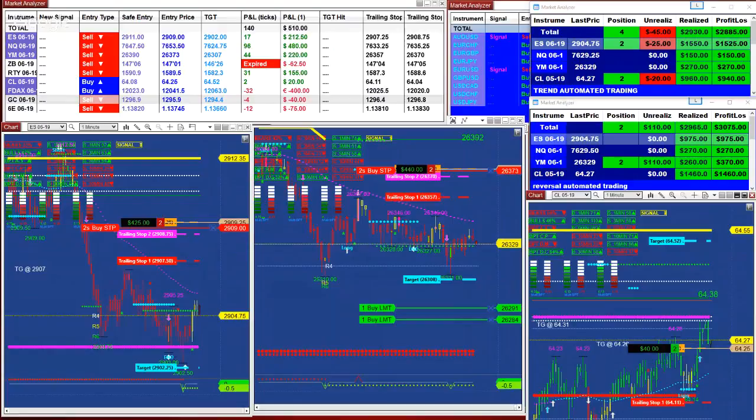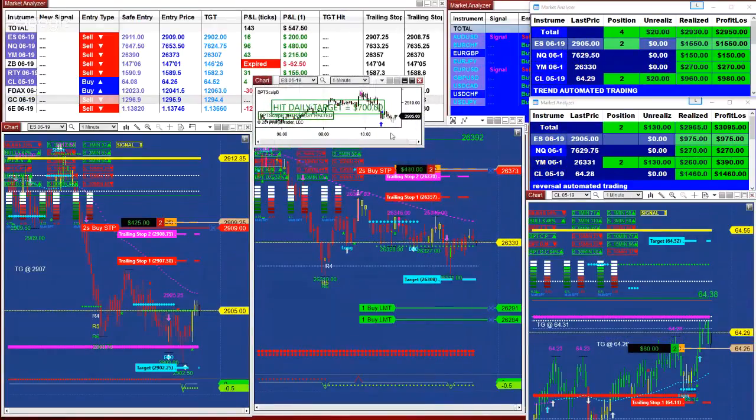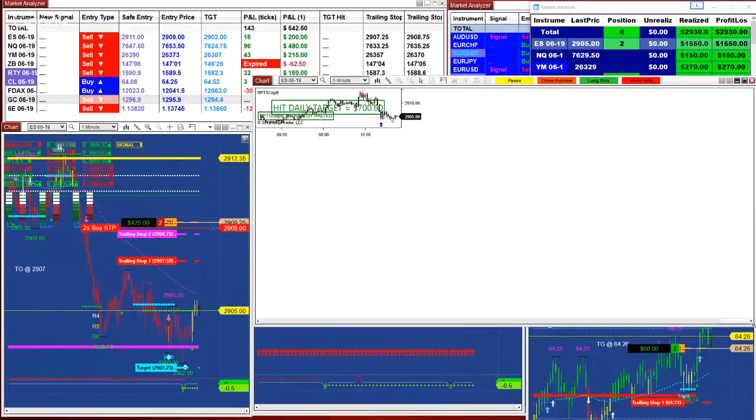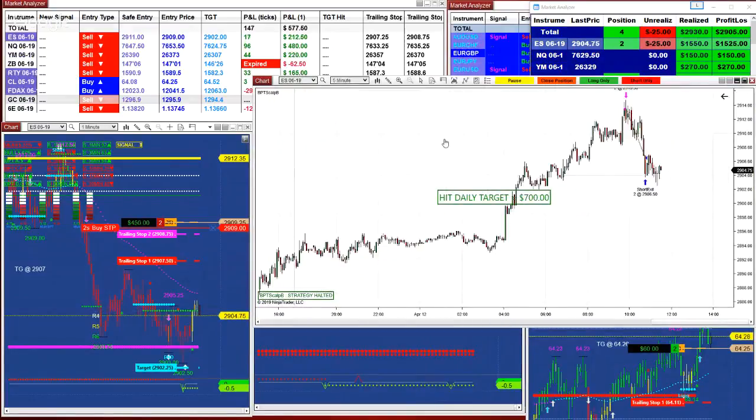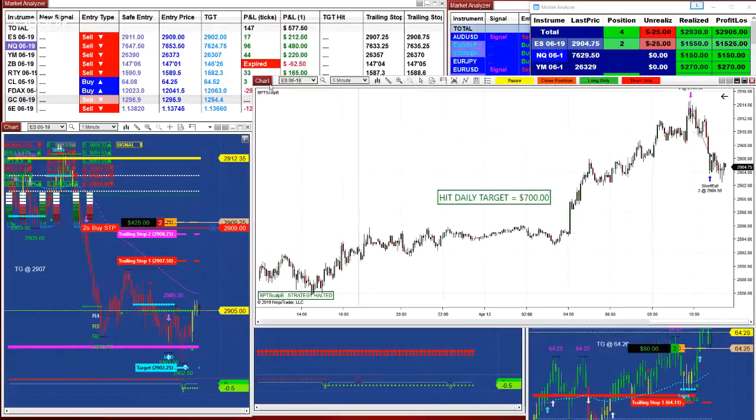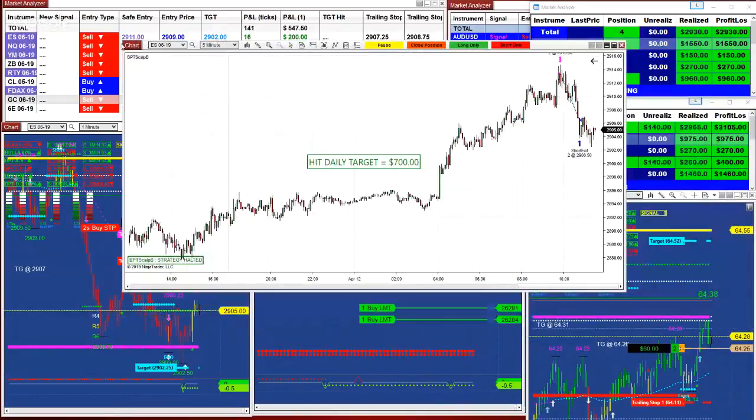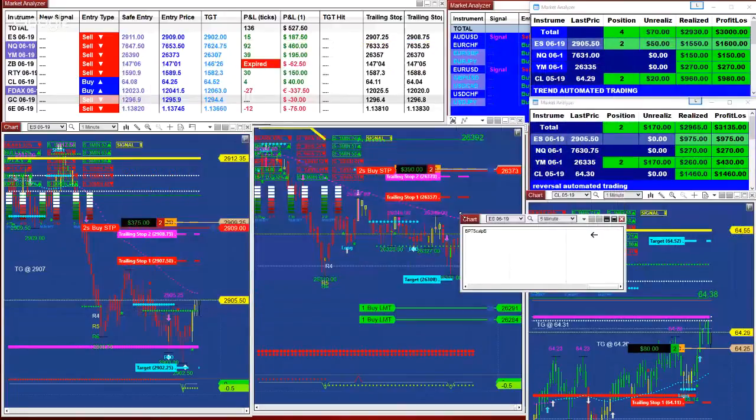Let's look at the swing trading in the meantime. We had one trade on the ES 5-minute. This is the swing trading. It's a different system. Hit 700.